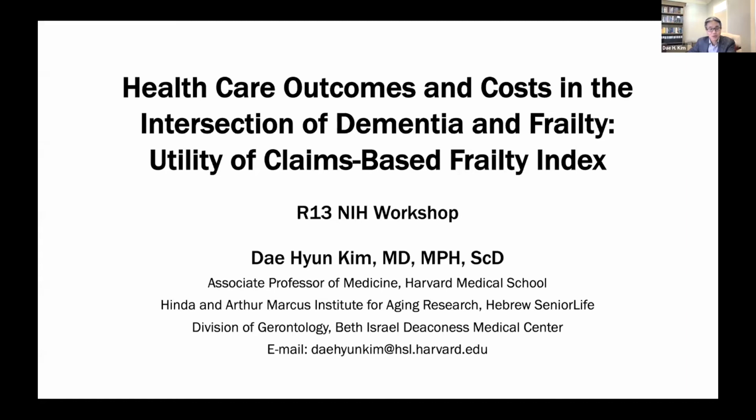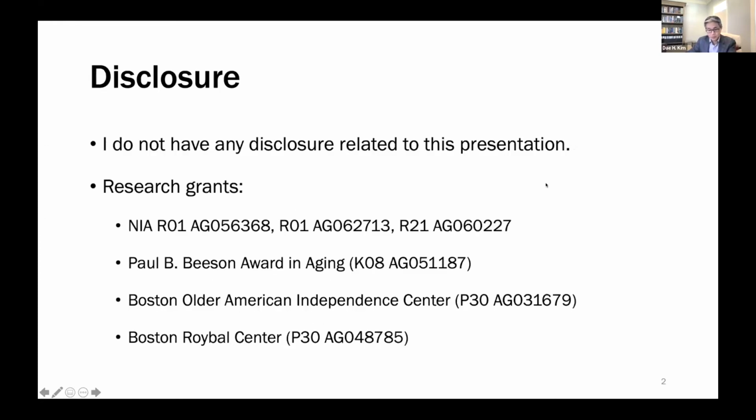After submitting my title of the presentation, I modified my presentation, so the title is different from what was just introduced. The work that I'm presenting today has been supported by these various grants from NIA, and I do not have relevant disclosure related to this presentation.